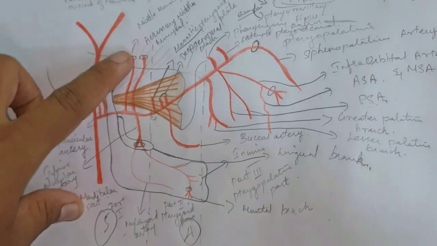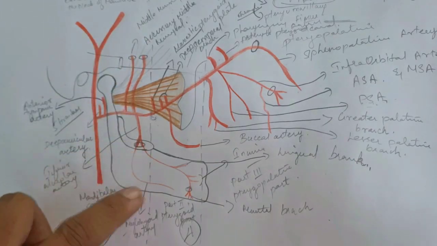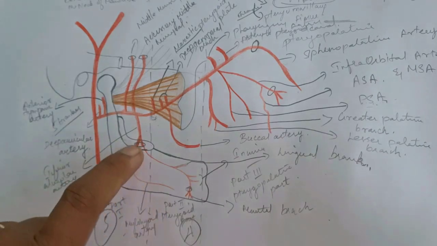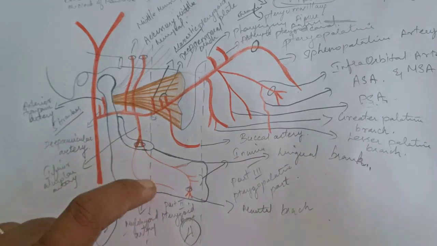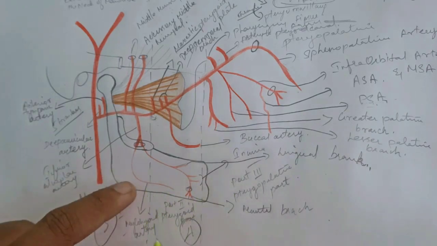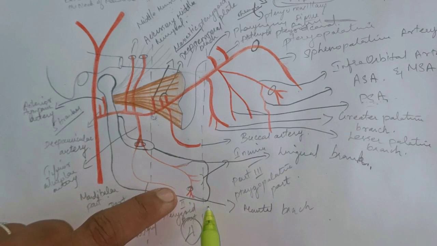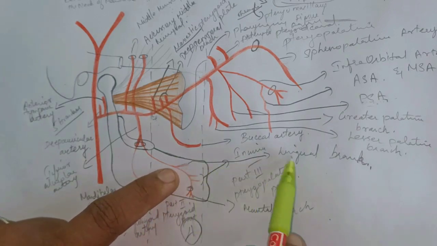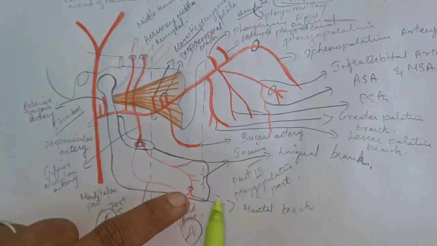It is further divided into two, that is anterior and posterior. And the parallel one which is running around the middle meningeal artery is accessory meningeal artery. The fifth one is your inferior alveolar artery, divided into two, that is mylohyoid artery, and it gives terminal branches: lingual artery, incisive artery, and mental branch. Mental branch is coming out through the mental foramen.